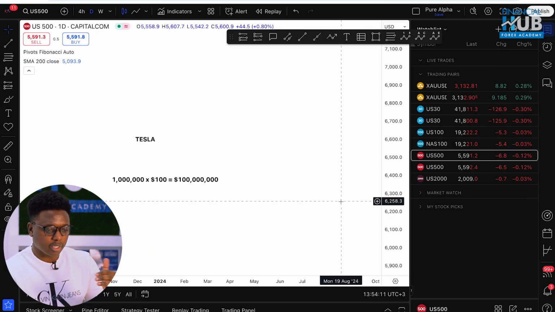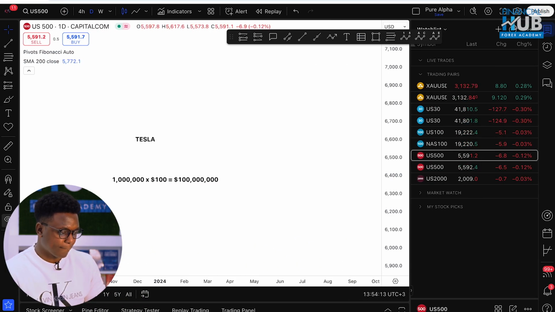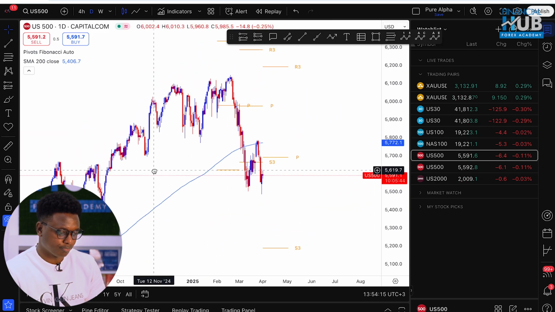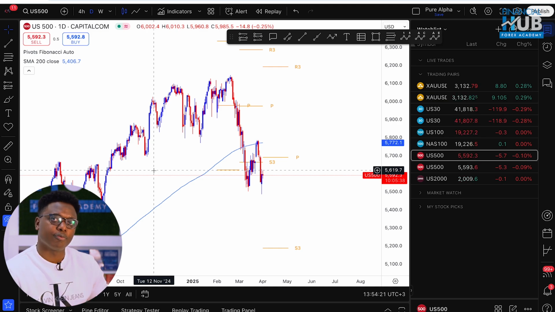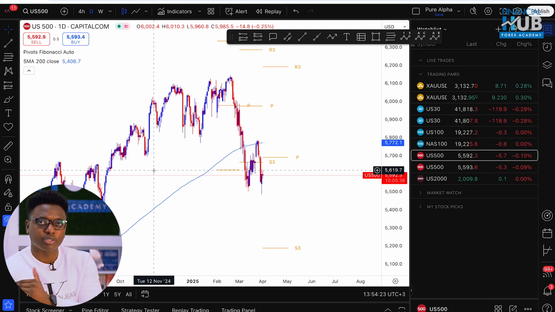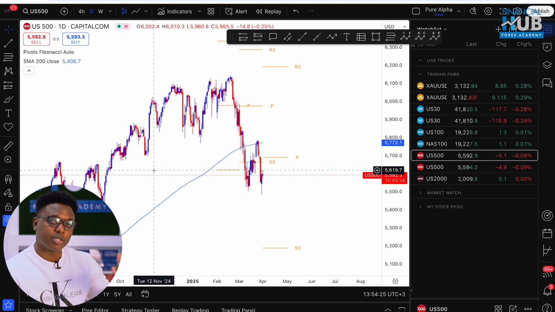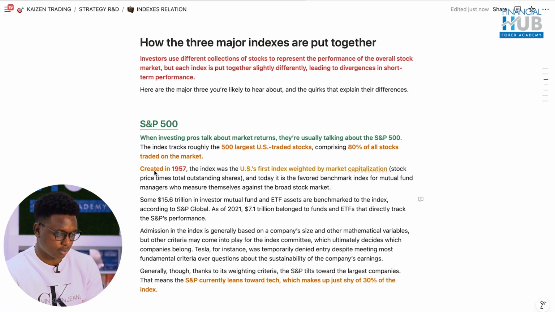If the S&P 500 has moved up 10% this year and you have done 5% return, you've underperformed because the benchmark has beaten you. But if you've done 20% and the index has done 10%, you've doubled it and outperformed the index.